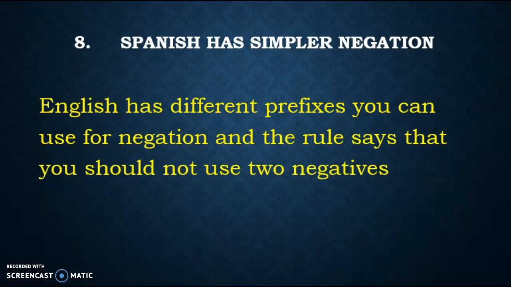For example, when you say I don't want anything, in Spanish it's no quiero nada. The direct translation of the sentence is I don't want nothing. That shows how no and nada work together, making it easier to construct negative sentences in Spanish.